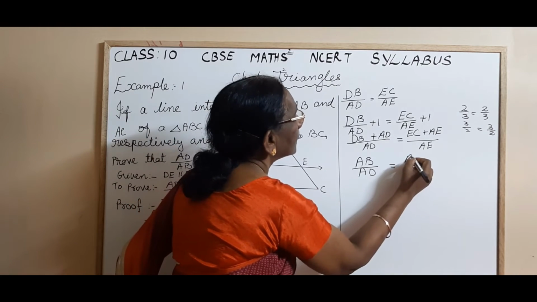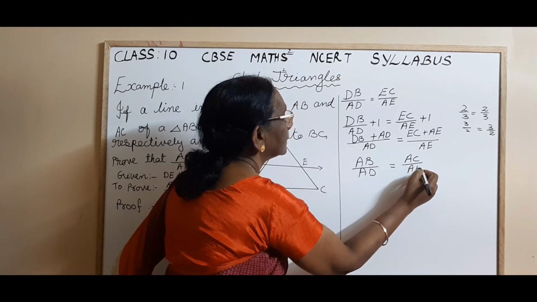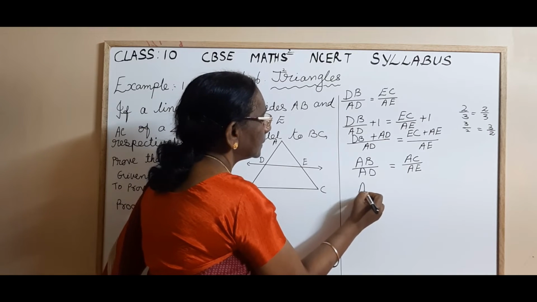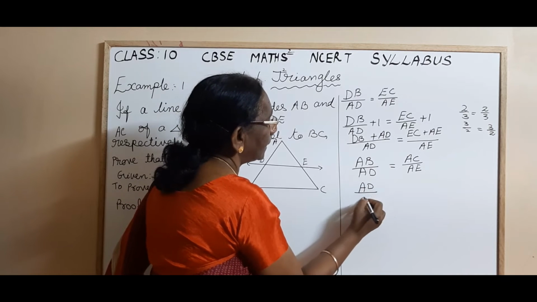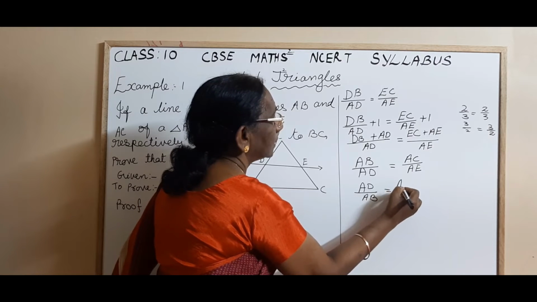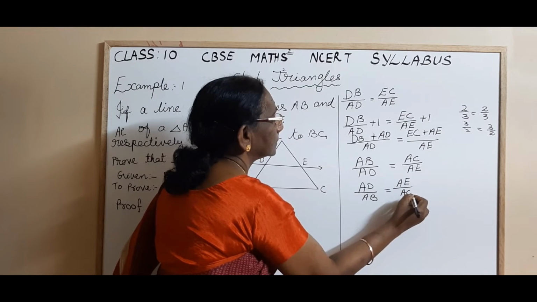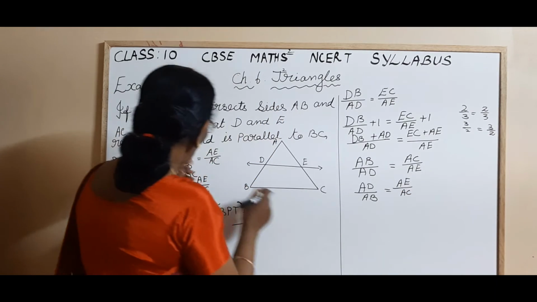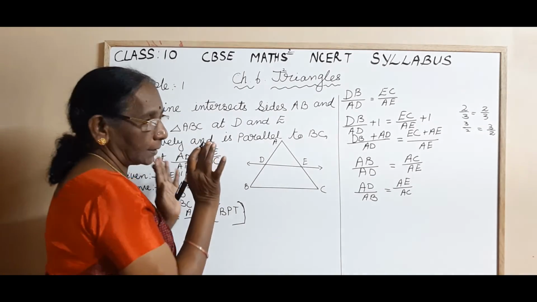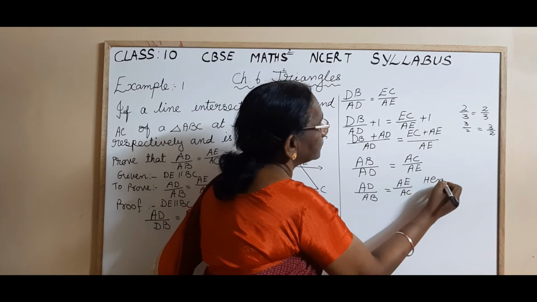So here AC by AE. Now write the reciprocal of that. AD by AB is equal to AE by AC. So have you proved AD by AB is equal to AE by AC? That's all. So hence proved.